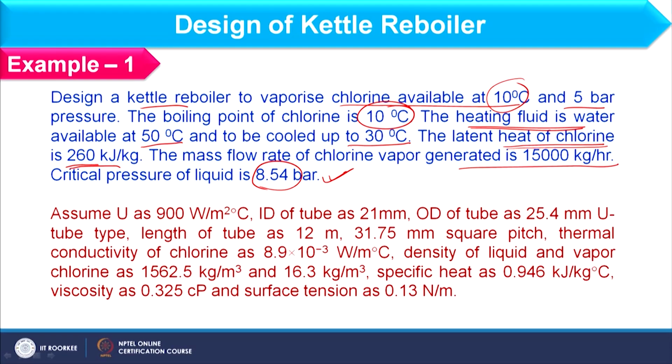And further we are assuming that initial overall heat transfer coefficient is 900, ID of the tube is 21 mm, OD of the tube is 25.4 mm. So, if you know this value, this is nothing but 1 inch, right. And we are using U tubes and length of each tube is 12 meter. So, this 12 meter is the total length of the U tube, right.